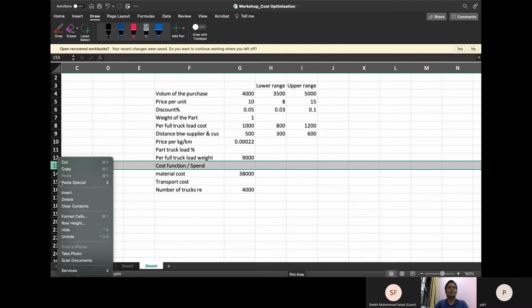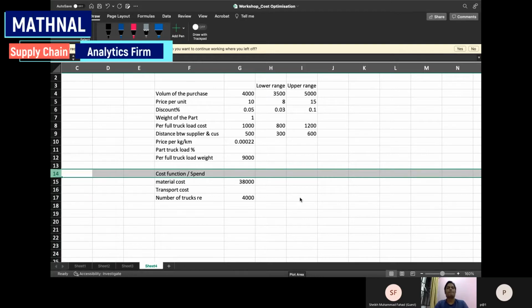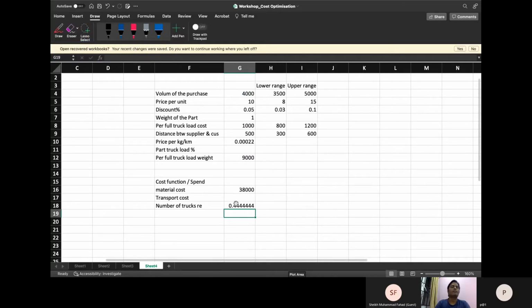We are not changing it. So the number of trucks required is 38,000 divided by 9,000. That is 4.22.